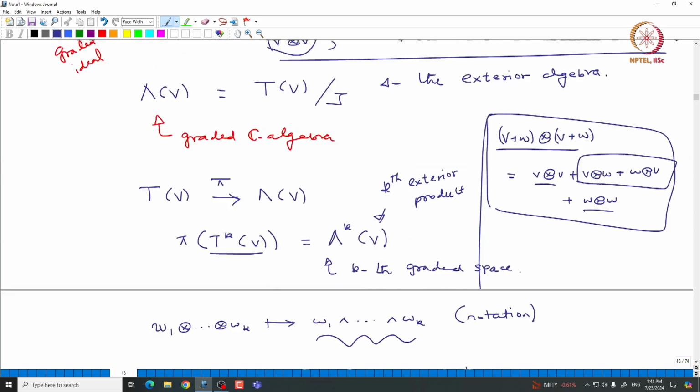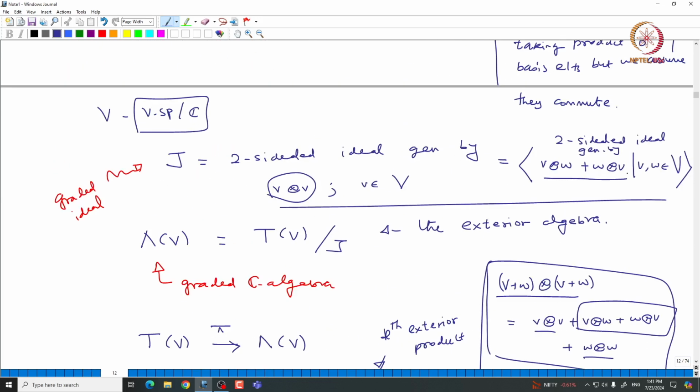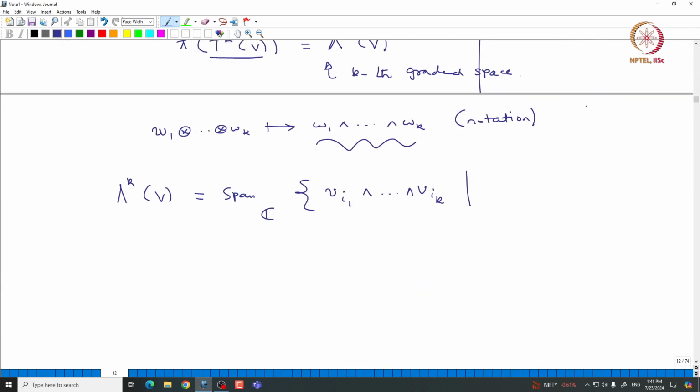You can easily see that this relation tells us that whenever you switch V and W in the simple tensors, all you are paying is a minus sign. So, V wedge W equals minus W wedge V. Using this relation you can arrange these tensors in increasing order. All I 1 through I k must be distinct and you can arrange them in increasing order to get the minimal spanning set. That is the only condition that we are going to impose.